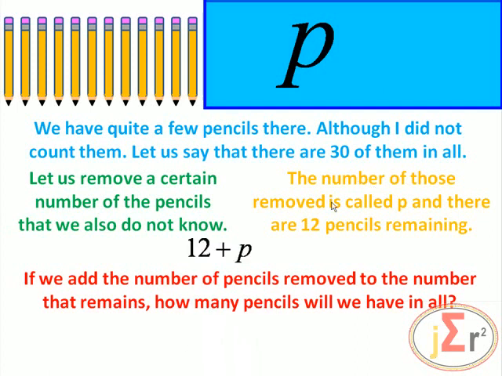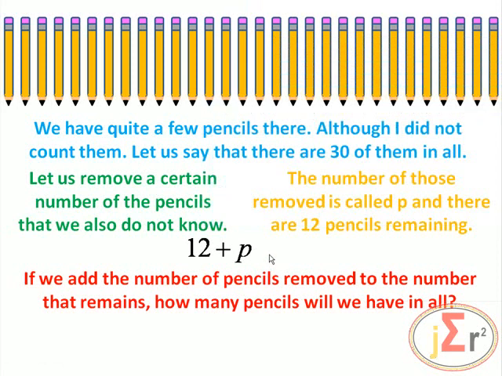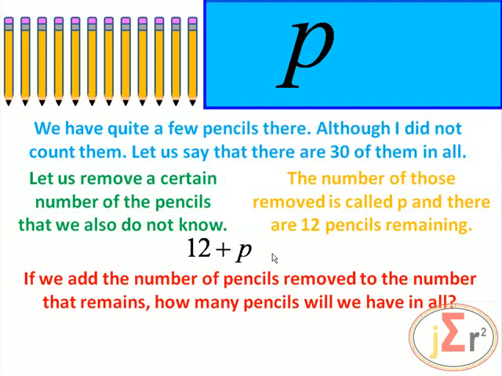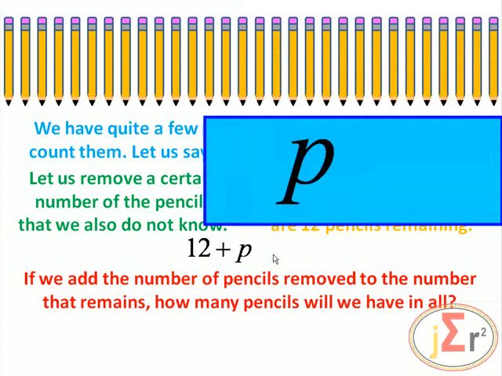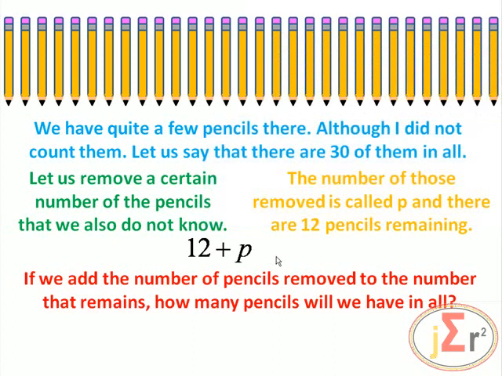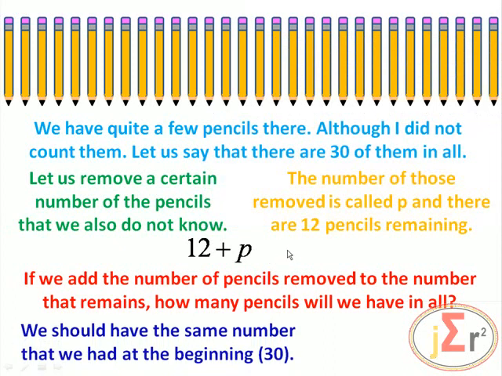Right. So when we take away P, what remains is 12. If we add the 12 and the P, what will we result in? The number of pencils that we had in the beginning. See? We take away P, we replace P. We will still have the number that we had in the beginning, which is 30 pencils.